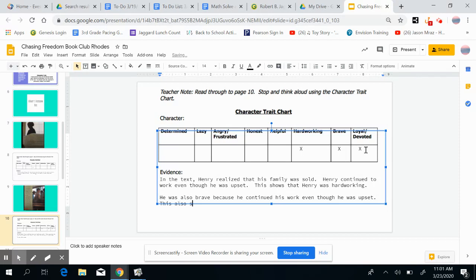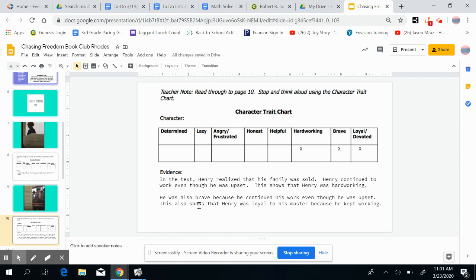This also shows that Henry was loyal to his master because he kept working. Okay, so this would be a way to answer this page. Okay, so you notice I did choose 3.